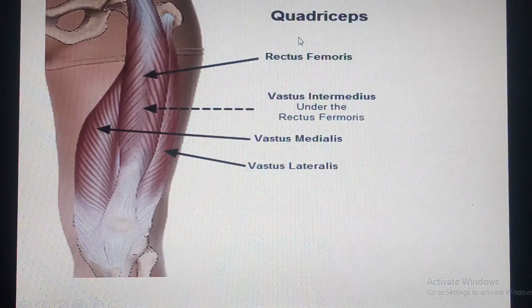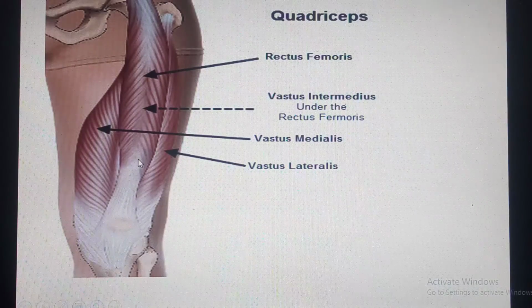The name suggests quadriceps, so it has 4 parts in one, and all of them join to have a common tendon, the quadriceps tendon. It's going to form the bulk of the anterior aspect of the thigh.